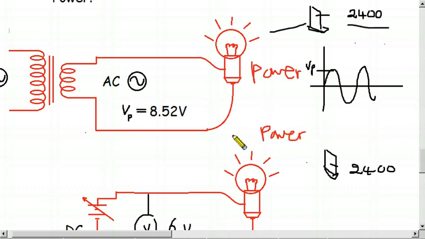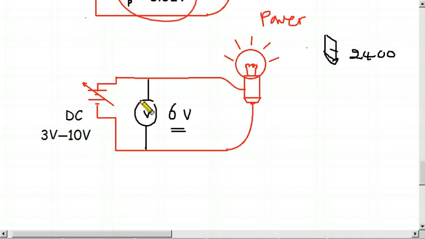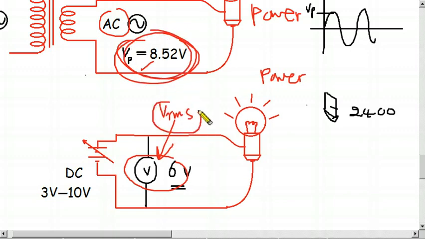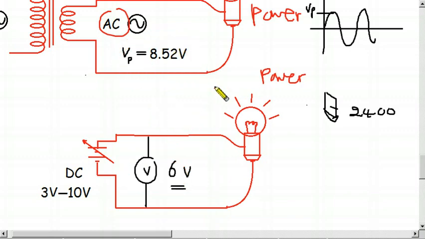Here we used AC voltage, and here we used DC voltage. So we say this voltage is Vrms of this AC voltage, the RMS value of this AC voltage. So that is how practically we measure it, we find it.